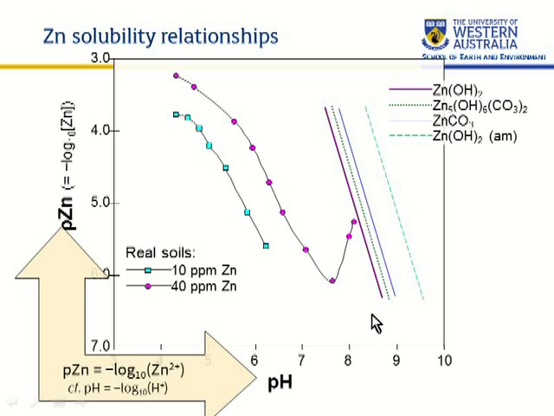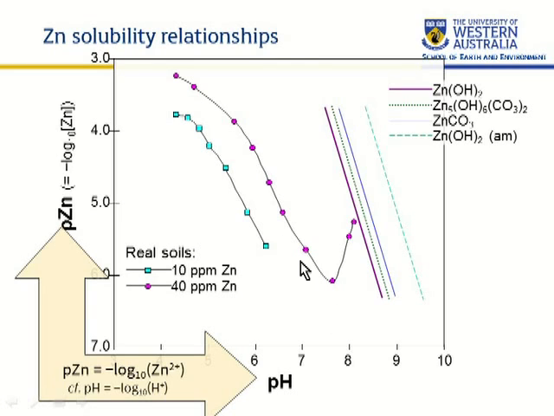First of all, at any one pH value, it seems like the concentrations of zinc in solution are much lower, so there are obviously other types of reactions going on, probably adsorption reactions, which are removing zinc from solution more strongly than formation of a solid does, but also some odd looking pH behaviour.